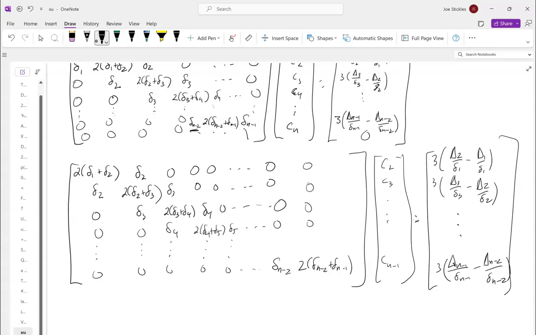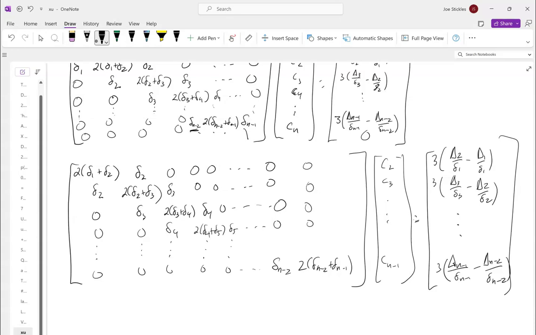Because we can either program it, or we can put it in Excel and let Excel do it. So let's see how we would do it if we're thinking about programming it or putting it in Excel. Rather than doing this with letters all over the place, let's say we had a specific example with some numbers, and see if we could come up with formulas for what we would need. Okay?